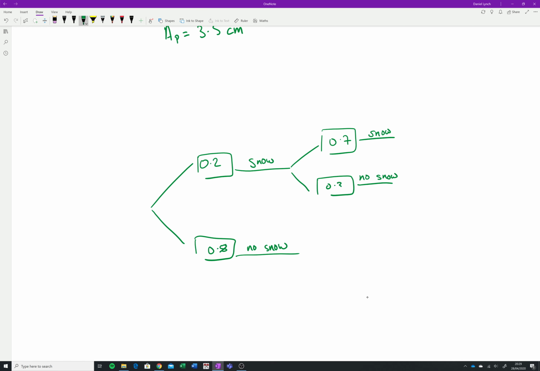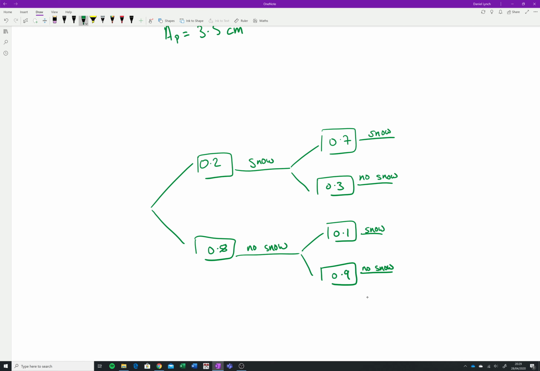Well, that's got to be 0.3. Those are our only two options. And here, if it wasn't snowing, the odds that it will be snowing the next day is 0.1, so the odds that it is not snowing will be 0.9. You have to treat those two things differently.